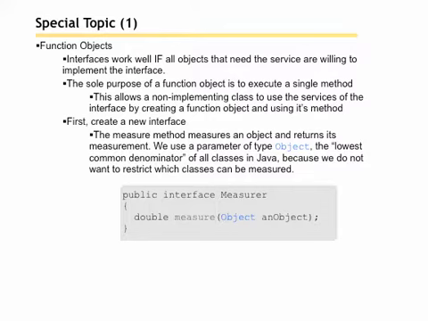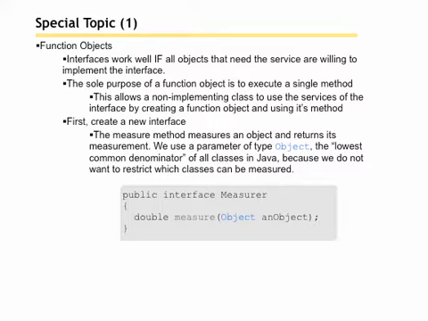First, create the new interface: public interface Measurer, and then that has a double measure method with Object as a parameter. The measure method then measures the object and returns its measurement. We use the parameter type Object as the lowest common denominator of all classes in Java because we do not want to restrict which classes can be measured.